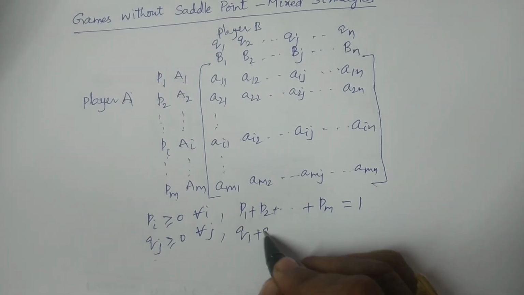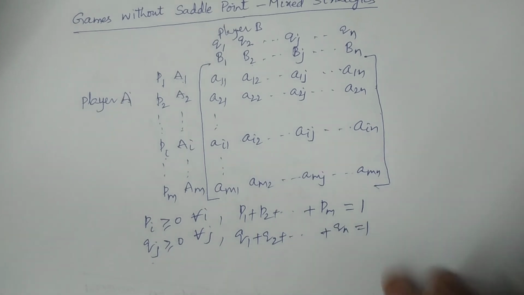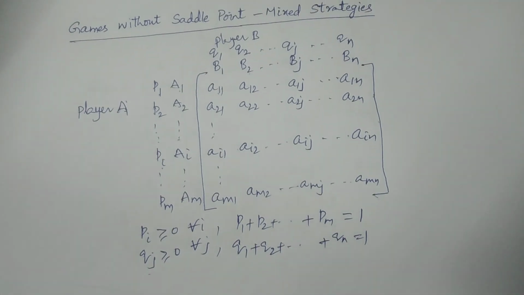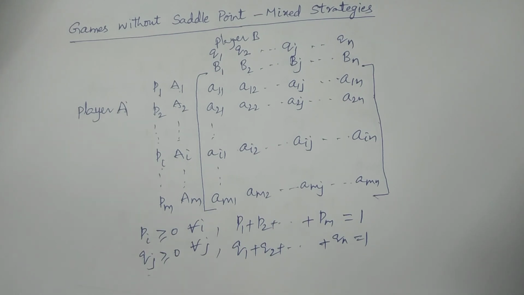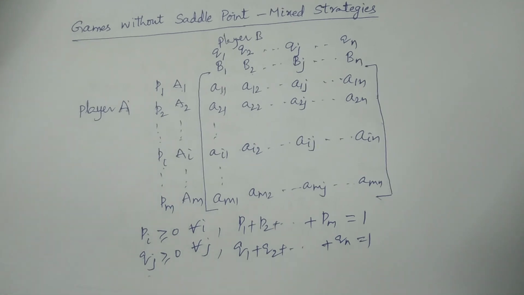Similarly, q1 plus q2 plus and so on plus qn must be equal to 1. So these are the minimum requirements for considering the probabilities, certain rules and properties to be satisfied by the probabilities.